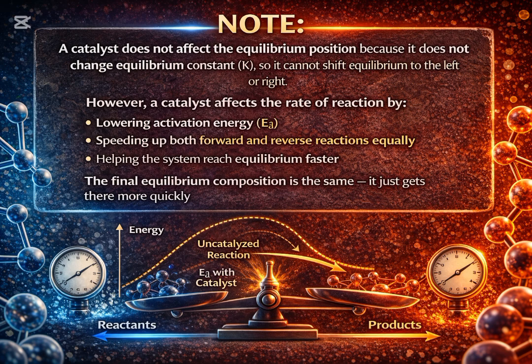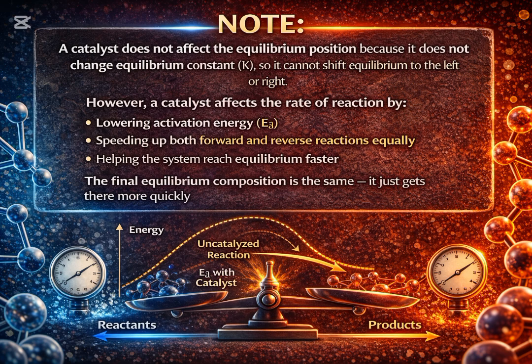However, a catalyst affects the rate of reaction by, number 1, lowering activation energy, speeding up both forward and reverse reaction equally, helping the system reach equilibrium faster. So this is what a catalyst does. It doesn't affect the position of equilibrium.